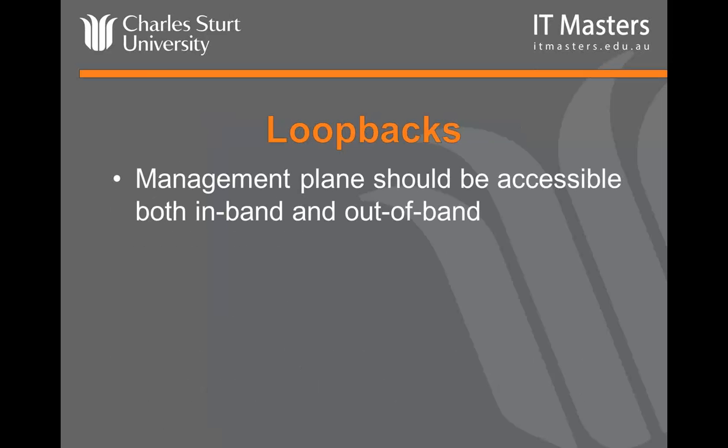Okay, so loopbacks. The management plane should be accessible both in-band and out of band. You should be able to get to it using your physical cable across the network, and you should also be able to get to it using a loopback. Loopbacks are commonly used, particularly in routing technologies, because loopbacks are a logical interface sitting inside the memory of the router, they never go down. You never have to bring them up, you never have to shut them down, they're just there.